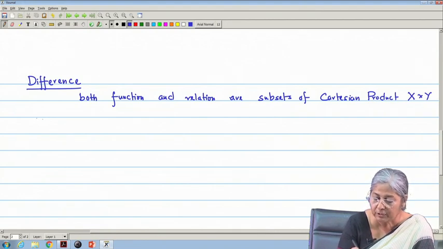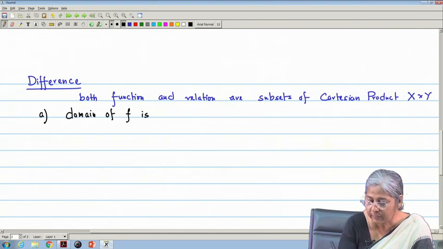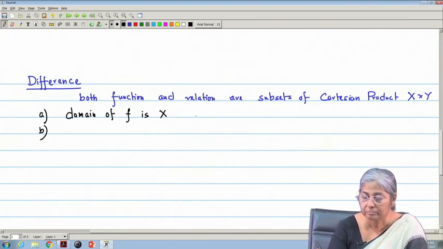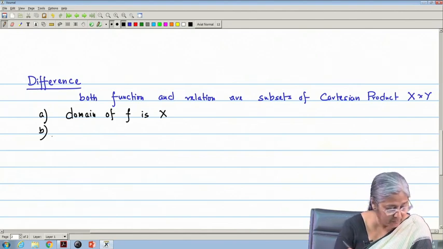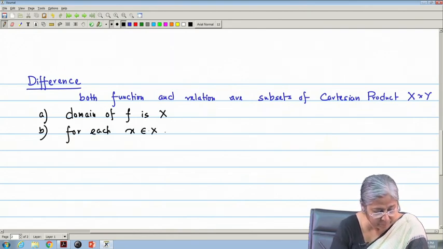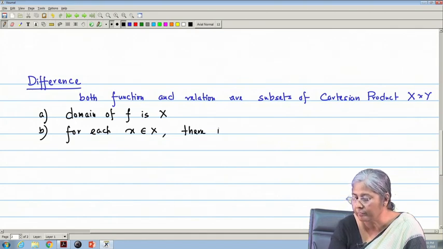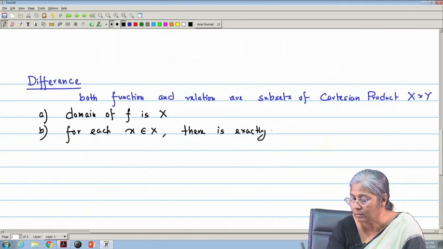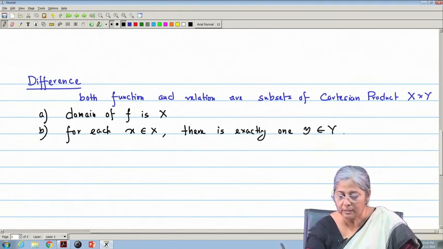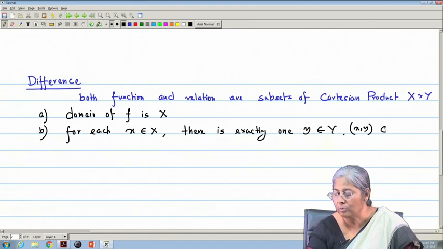Now, the definition of function, if we remember, tells that the domain of f is X. Here also the domain of R is X. Now, for each x belongs to X, there is exactly one y belongs to the set Y such that (x, y) belongs to f.